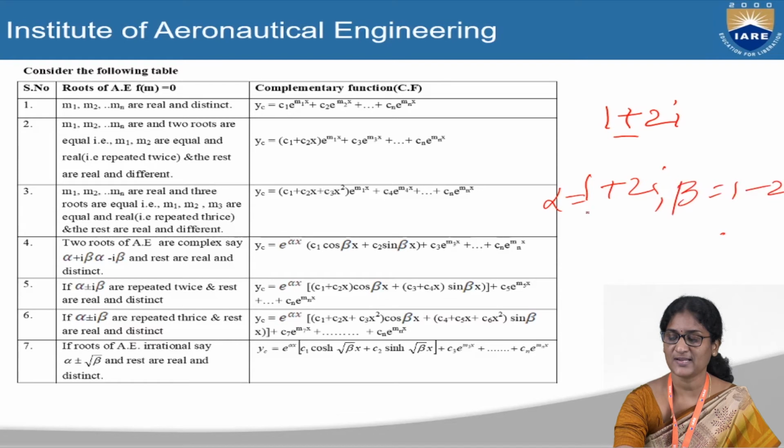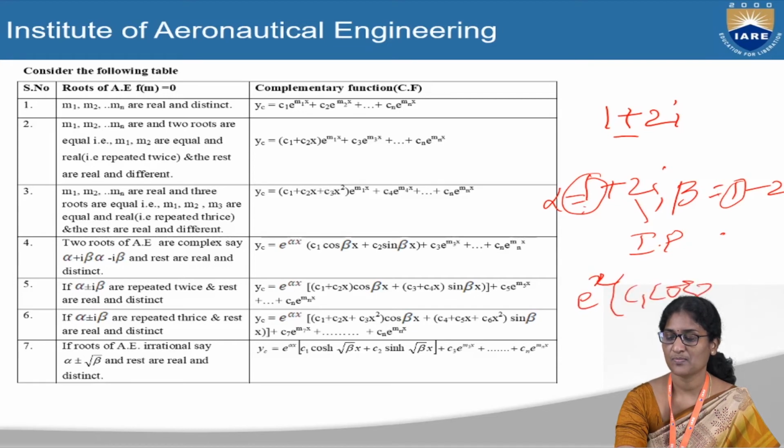Now the real part is 1 here, and the imaginary part is 2. Now the real part is alpha, so e to the power of x, since 1 is the real part. Open the brackets: C1 cos 2x plus C2 sin 2x.